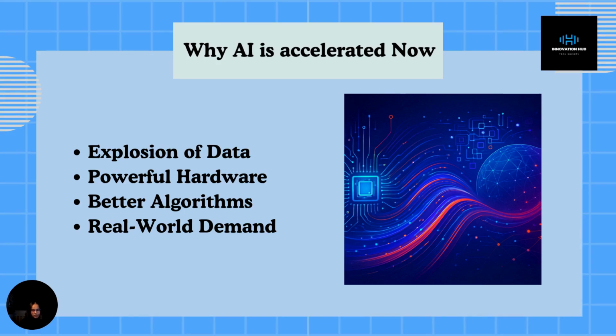Third is better algorithms. The methods used to train AI systems have improved significantly over time. And lastly, real world demand. Businesses and industries now rely on AI more than ever to solve complex problems at scale. All of these factors together have created the perfect conditions for AI to grow rapidly.